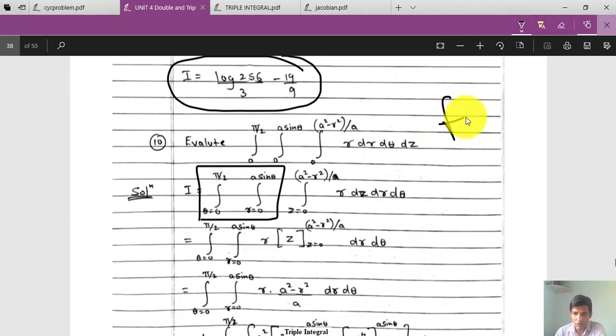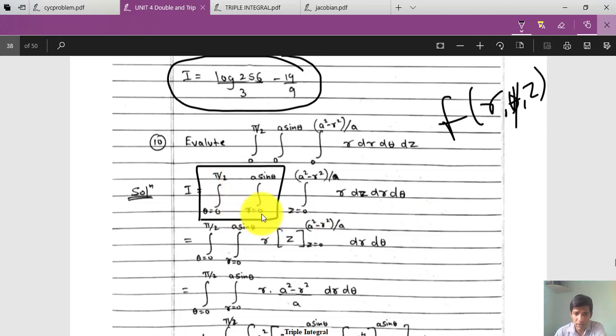So this is r, theta and z. Theta is gone now, so the theta value is from 0 to pi by 2, so it is a triple integral, right?